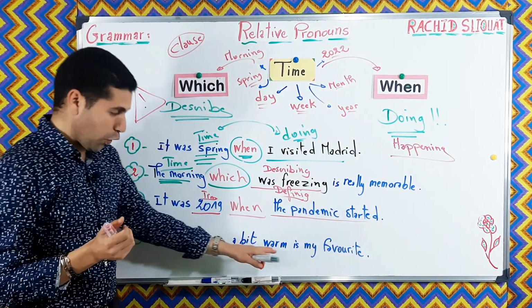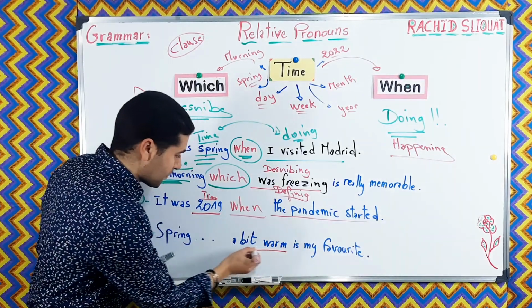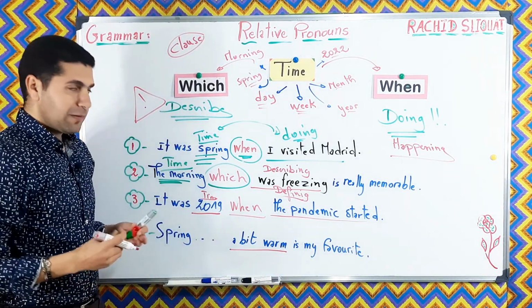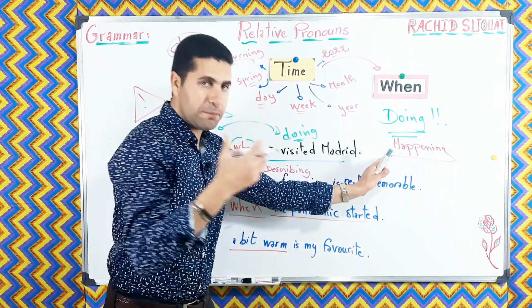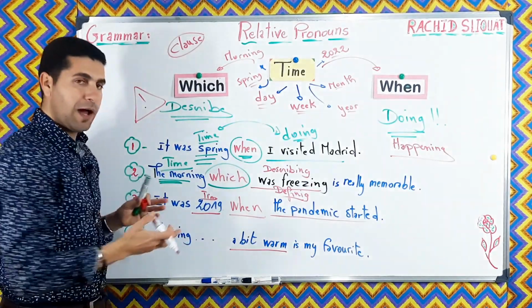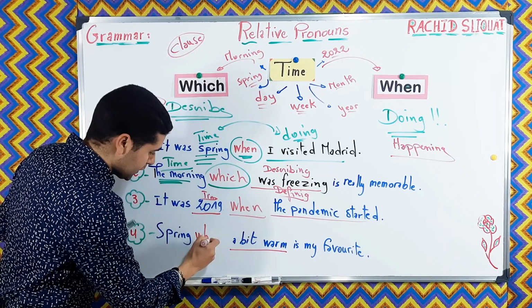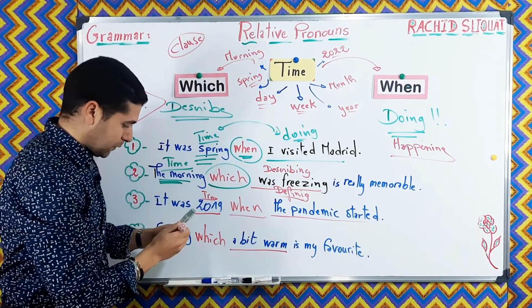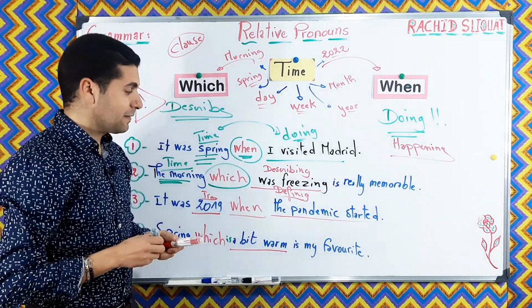Now let's go to number four: spring a bit warm is my favorite. When we say a bit warm, this has nothing to do with something happening or doing; here we are describing that time. So: spring which is a bit warm is my favorite.